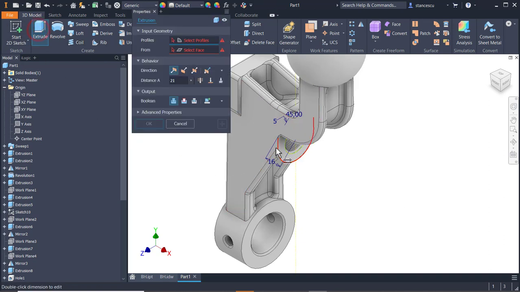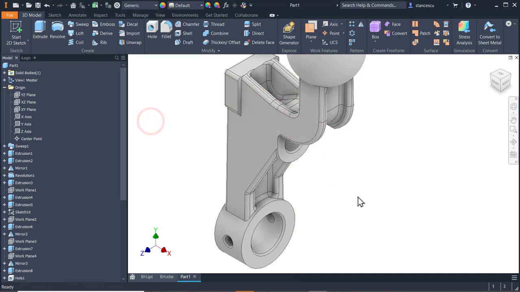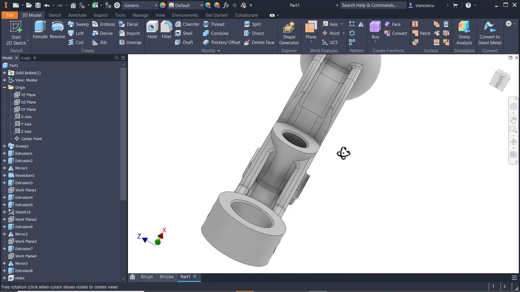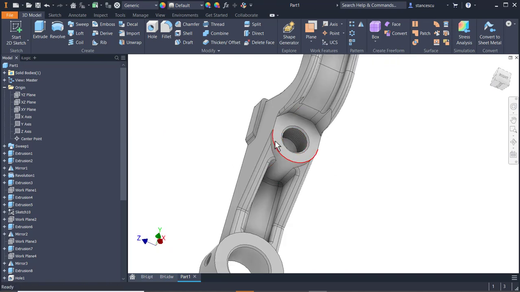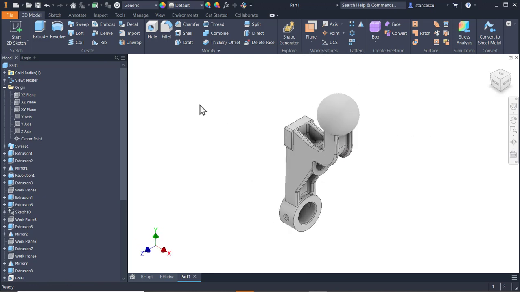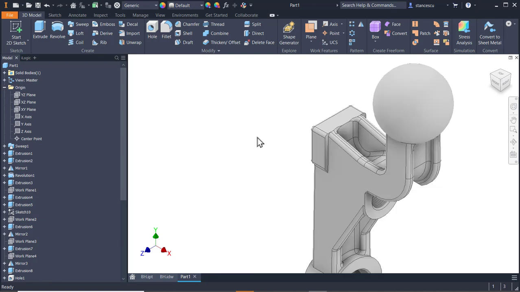Extrude this face, cut through, but the other direction. Okay, you see that face without fillets. That's all, my friends. We finished the part.